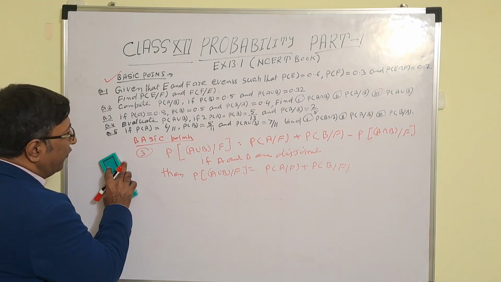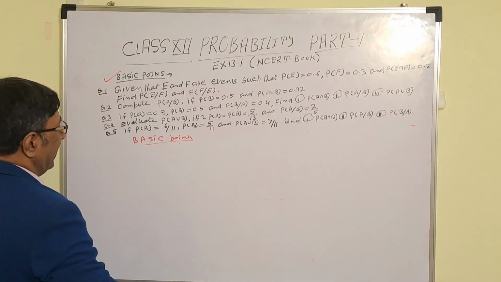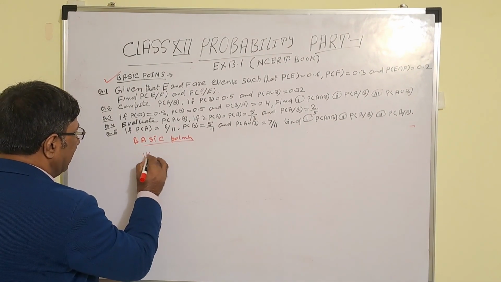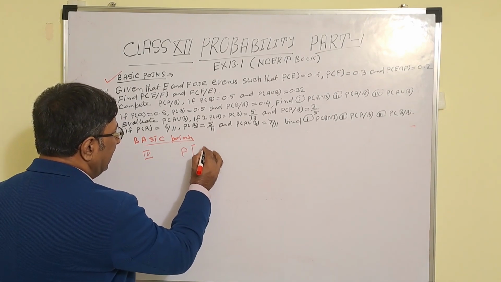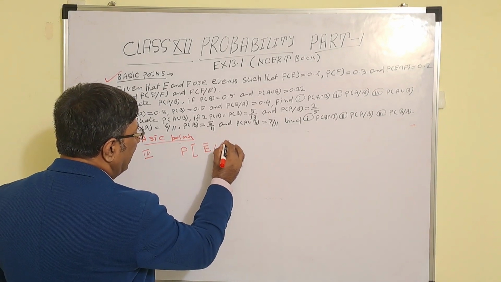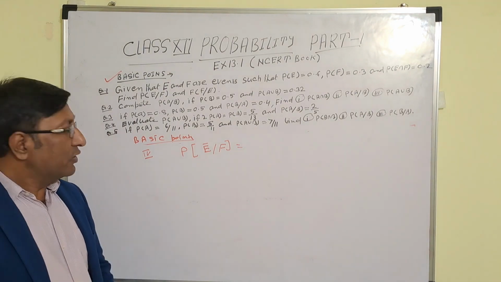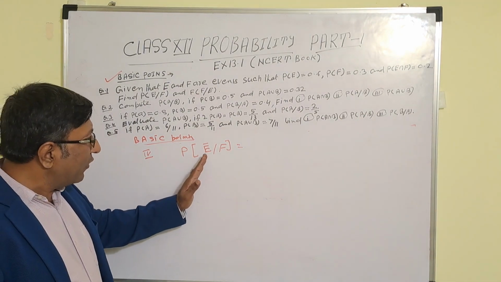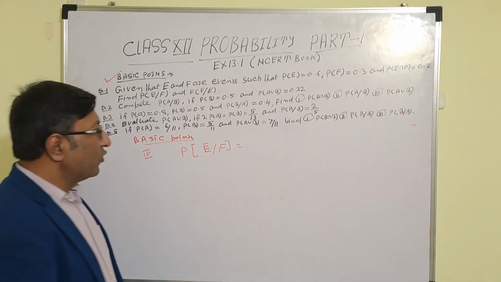Now the last point of the basic point is what? C. The last point is the probability of E naught by F. You already know E naught means the probability of not E. So here, the probability of E naught when F has already occurred will be what?